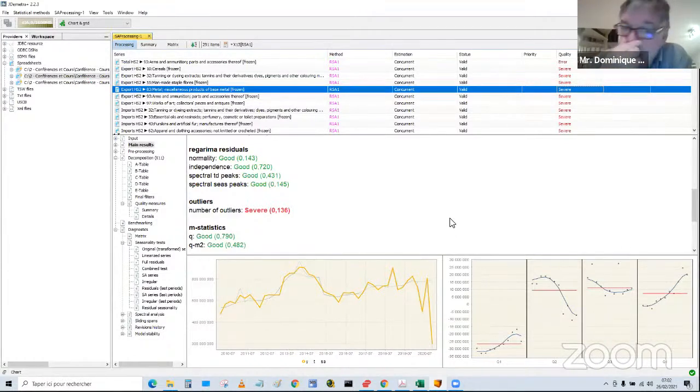So you might have problems in the adjustment, and JDemetra will implicitly tell you to change the ARIMA model, okay? That's what I did just before, and usually it solves things. Keep in mind that severe does not mean that it's wrong. It just means that you might have a problem somewhere, a severe problem here in the number of outliers. So it's just a big warning, okay?